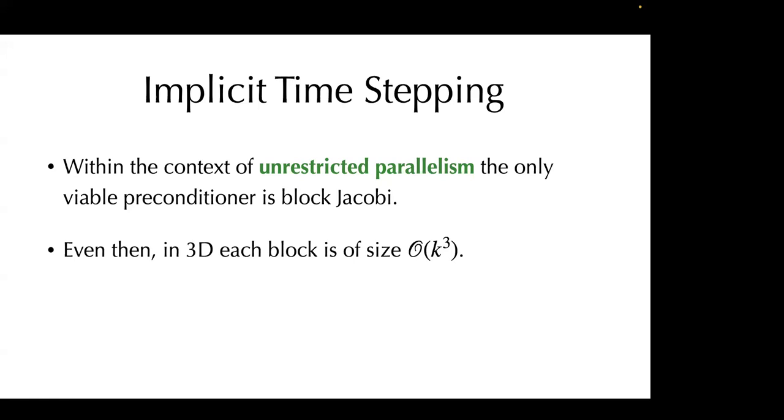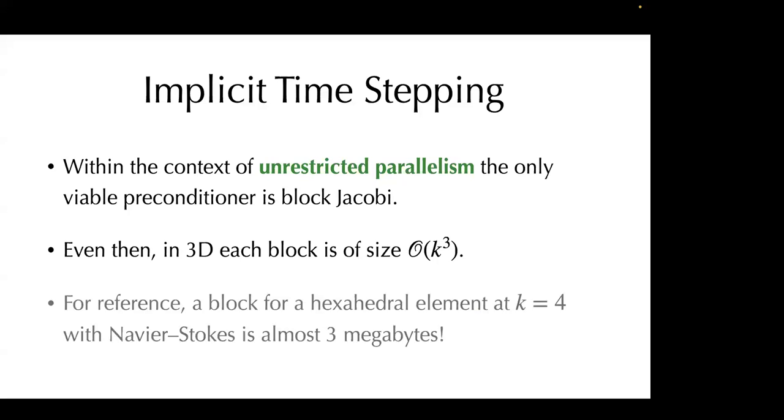However, even with a preconditioner as simple as block Jacobi, each block, so you do one block per element in your simulation, has a size which scales as the polynomial order cubed. And what this means is that even for a hexahedral element at a relatively modest polynomial order, you're looking at a Jacobian matrix for that element which is coming in at around 3 megabytes in size.